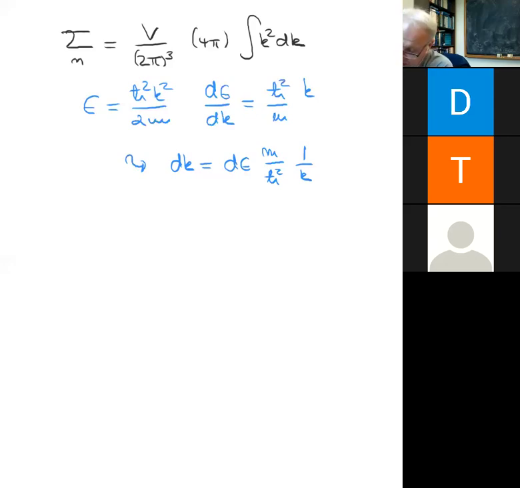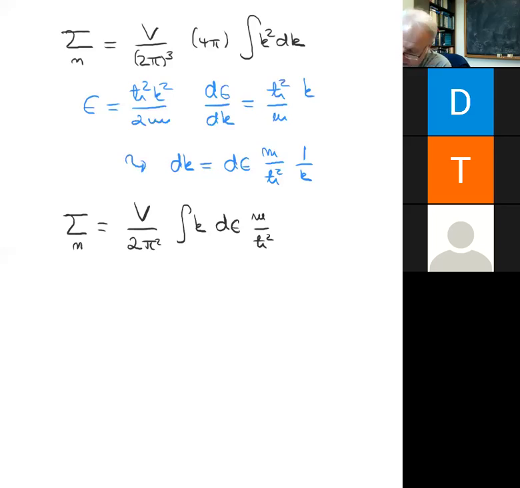So if I change variables like this, my sum over n becomes, it's now volume times 4π over (2π)³, that's 1 over 2π². So the k² dk, one k goes away, one k is still here, times d epsilon times m over ħ².